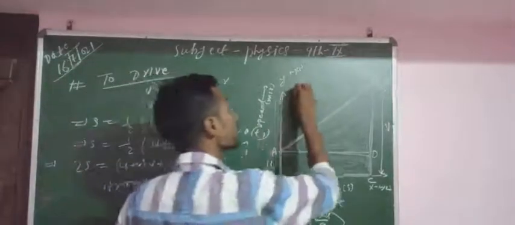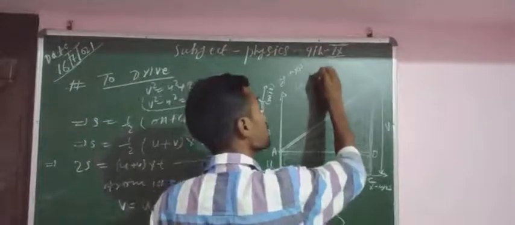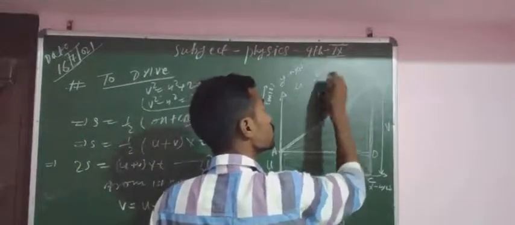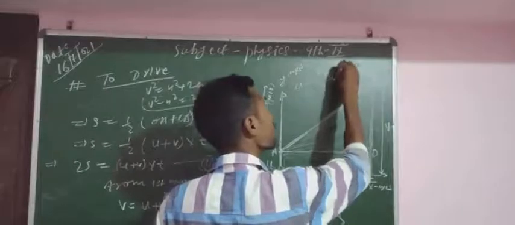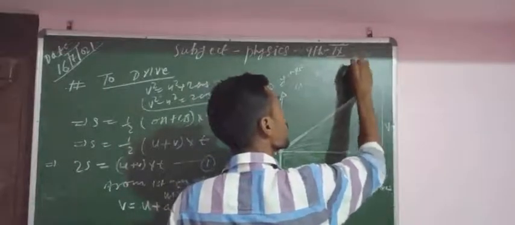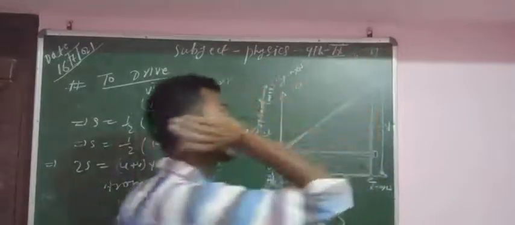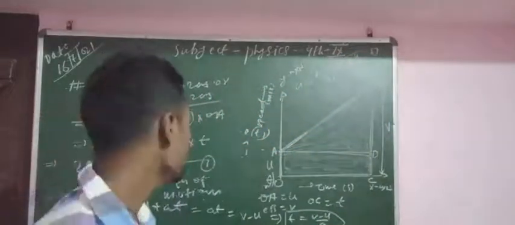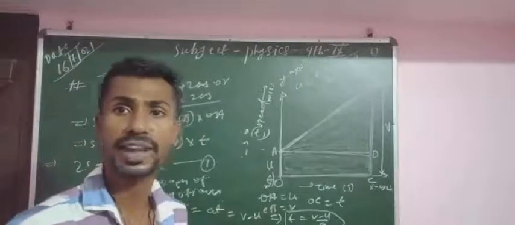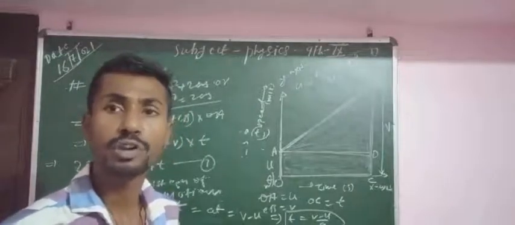As we know, acceleration equals (v minus u) by t, so we can remove t. So (v minus u) by a equals t. You can get this from here or from the first equation of motion, that means v equals u plus at.